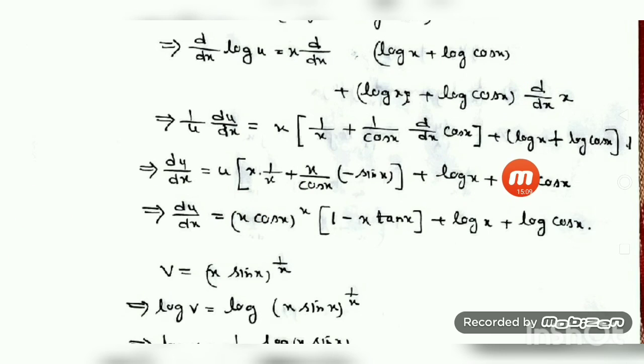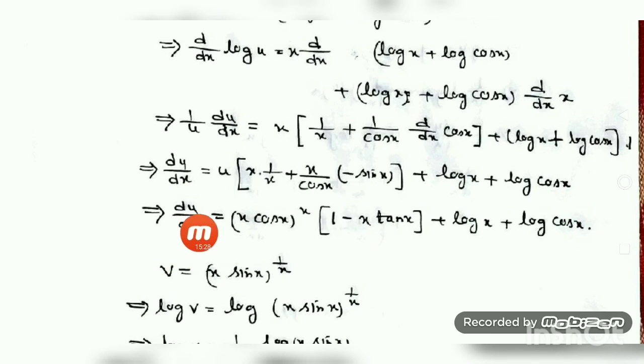The second expression, log x + log cos x, is kept as it is, and d/dx of x is 1. So du/dx = u times [x(1/x + (1/cos x)(−sin x)) + log x + log cos x].